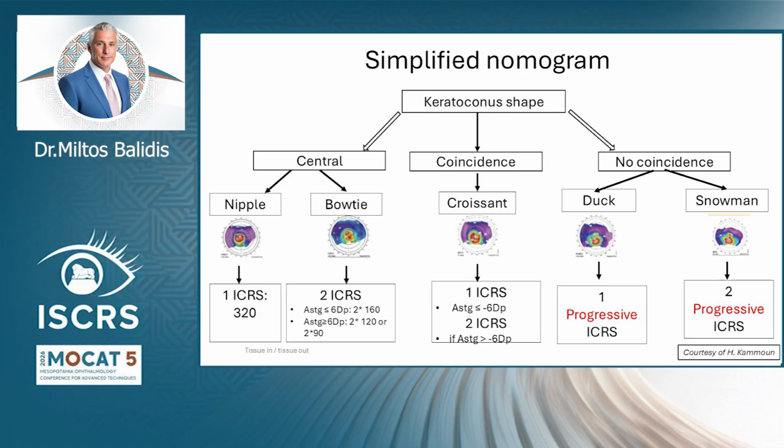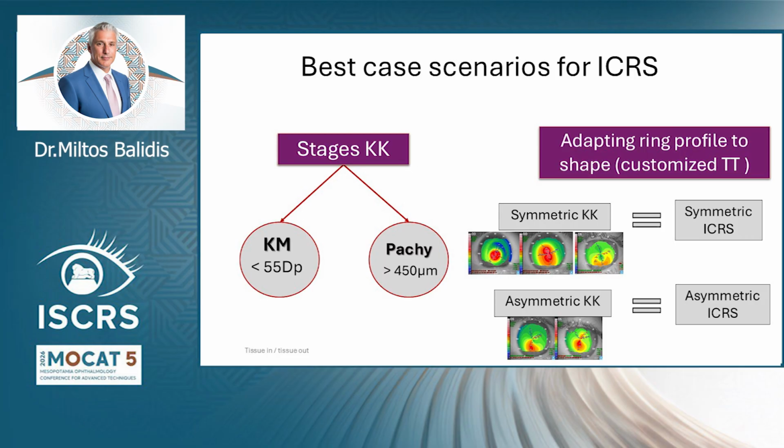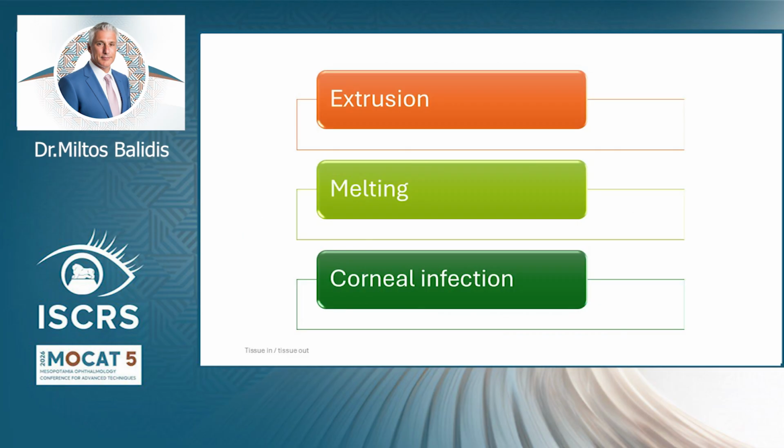And that is the rule that we follow. And these are the stages where rings usually go better: if it's thinner than 55 diopters, with pachymetry thicker than 450, and symmetric. Usually these are the patients that go better with rings.